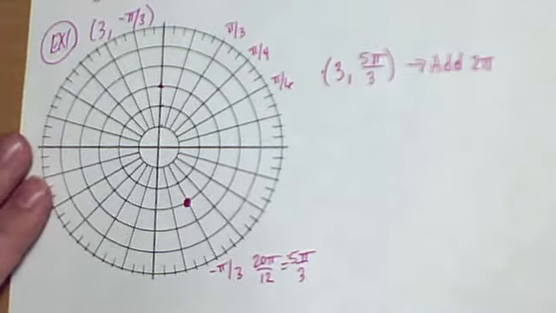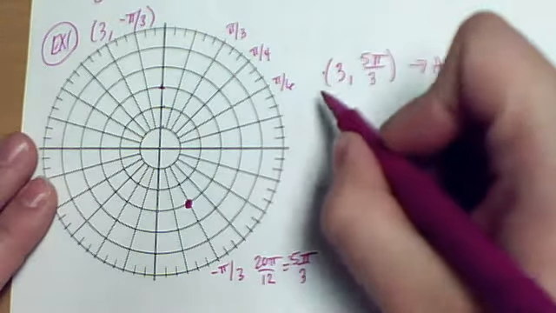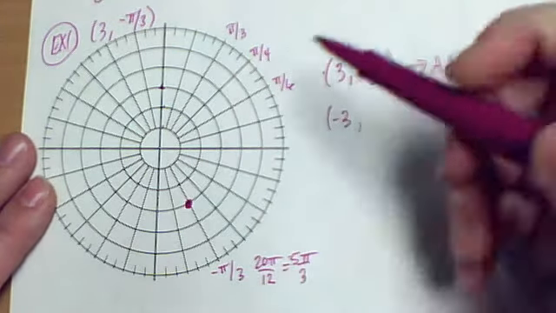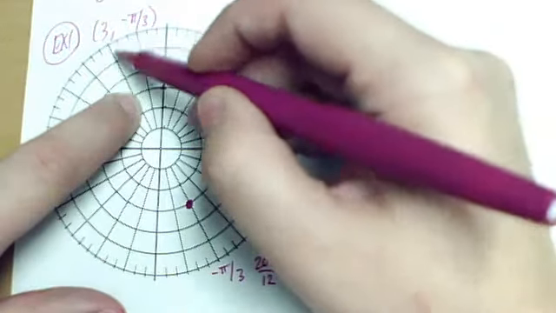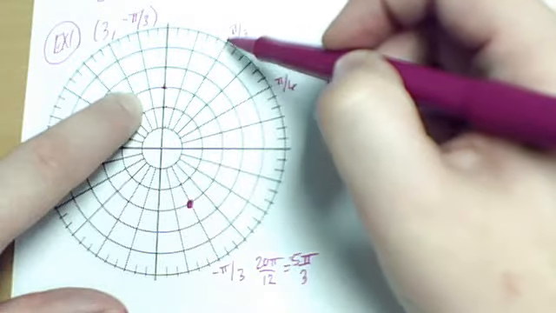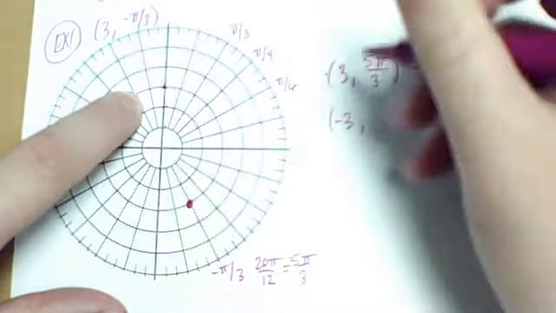Then to get the other one, I could figure out if I change this to a negative, that's the reflection. So if I reflect this over here, what is this angle? Pi over 3, that would be 2 pi over 3.